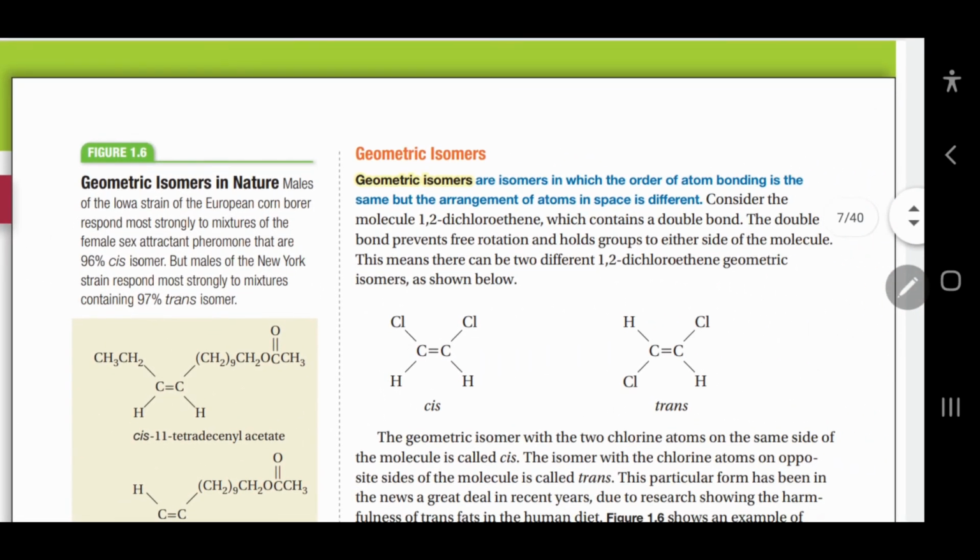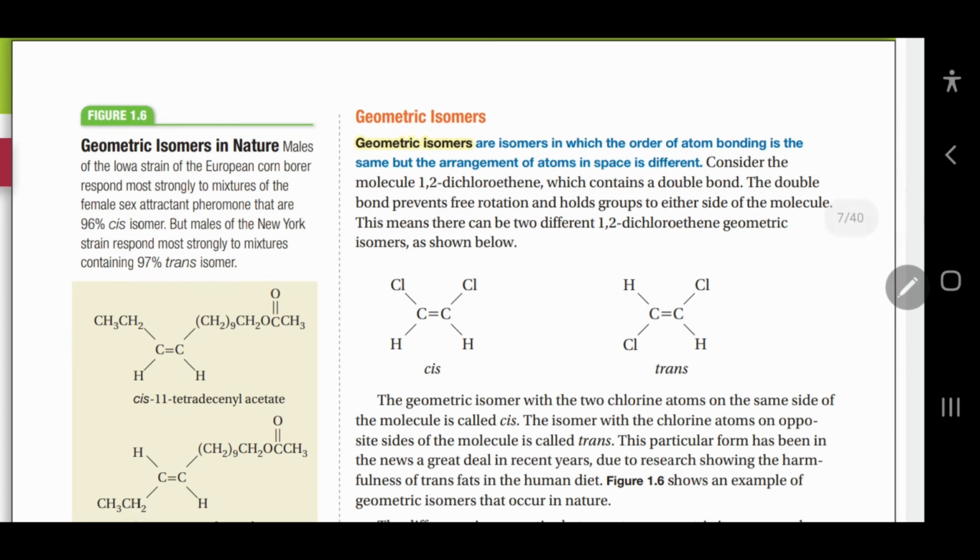Now the second type of isomers is called geometric isomers. In this type, guys, the order of atom bonding is the same, which means the atoms are bonded together in the same order, the same arrangement, but the difference between them is actually in space.